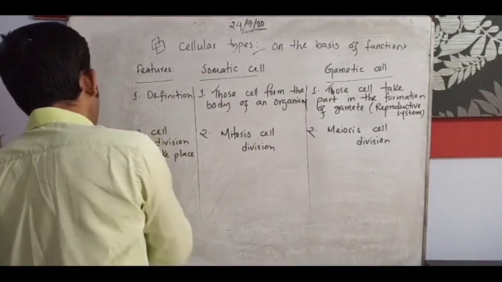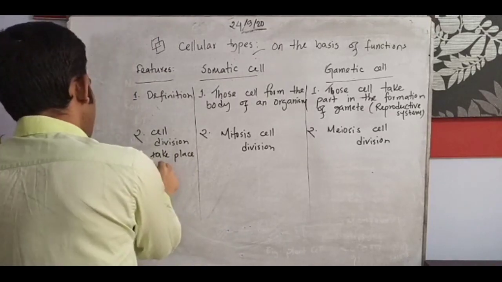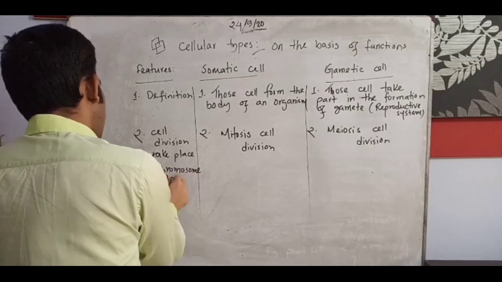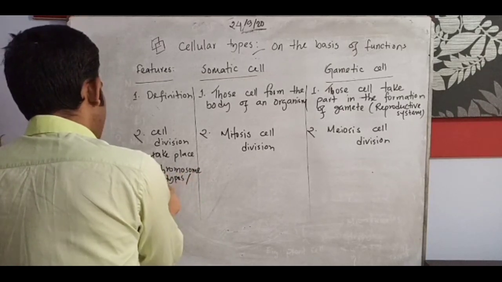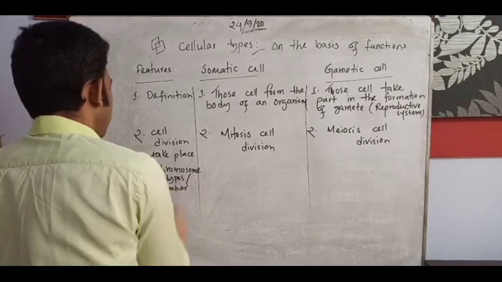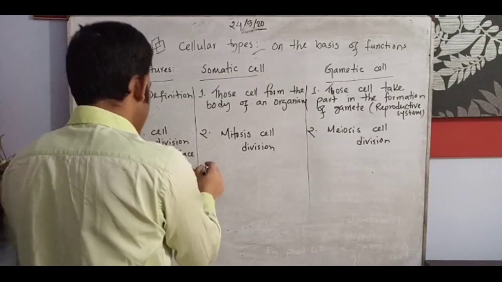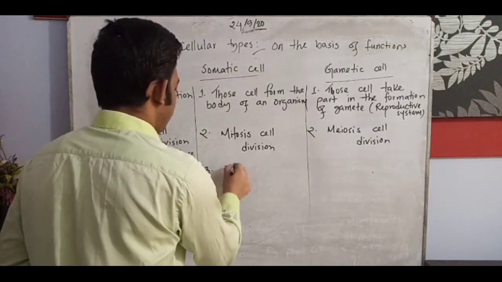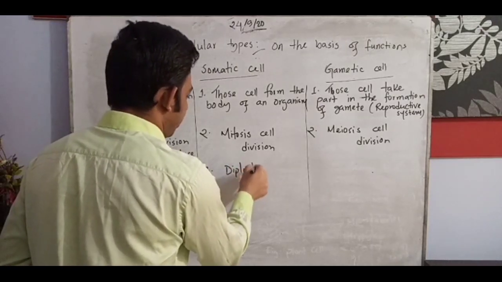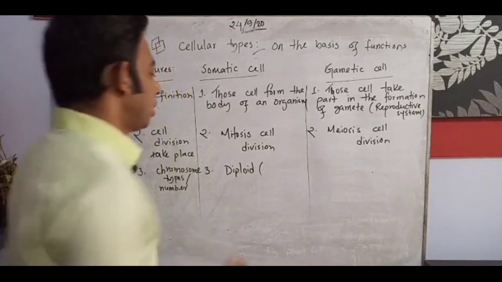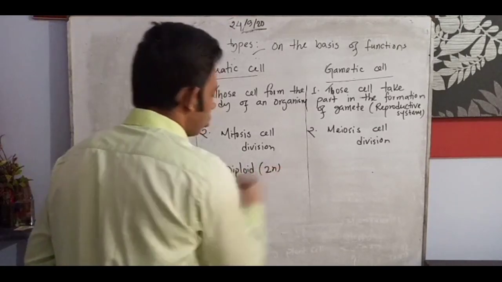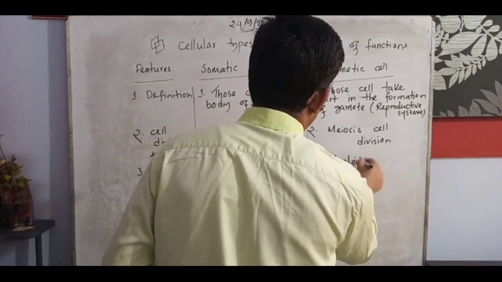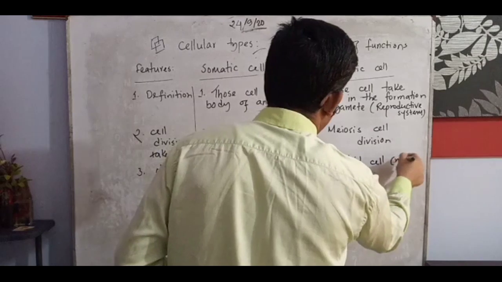And the chromosome types or numbers. You can write number three, the chromosome types, or you can write the numbers. Since it is mitosis cell division, we know the diploid cell is directly formed and directly involved in mitosis cell division, and the chromosome number is 2n. Here it will be the haploid cell in the final formation.